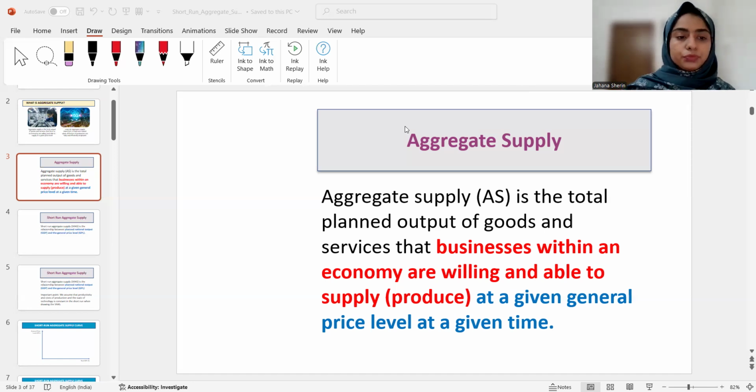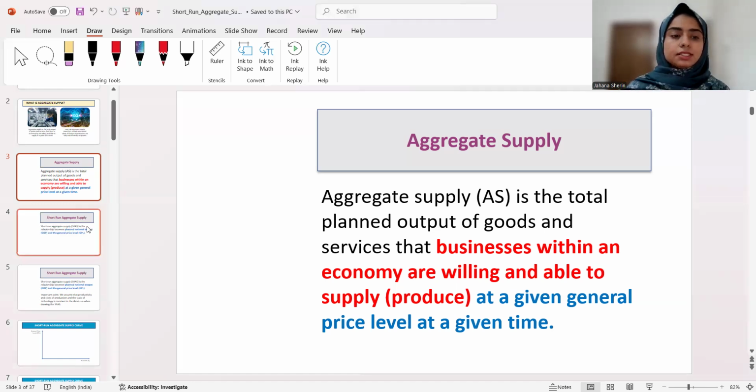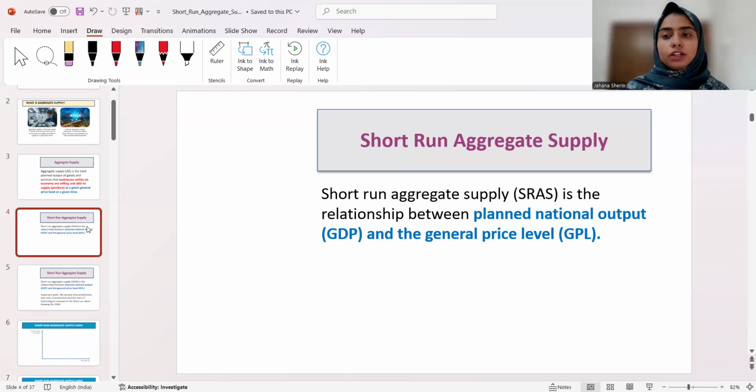So we can categorize the aggregate supply curve into the short run and long run. I think I already mentioned that. Now we'll go to the short run aggregate supply curve, which is a pretty simple idea. The short run aggregate supply curve, SRAS, is the relationship between planned national output, which means GDP, and the general price level.